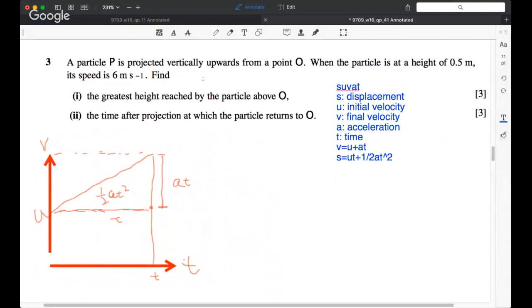Okay, and arguably the most important one in this question is v squared equals u squared plus 2as.